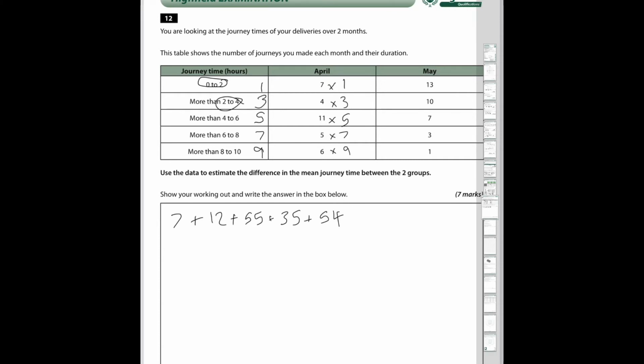So we've taken the average of the journey times with the number of deliveries.